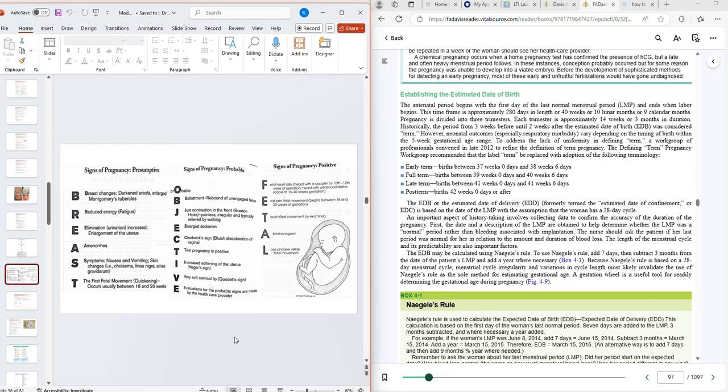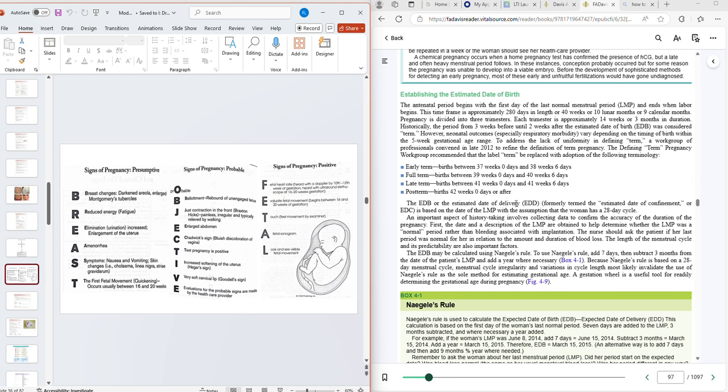Now let's talk about establishing the estimated date of birth. You have early term, which is between 37 and 38 and 6. Full term, 39 to 40 and 6. Late term, 41 to 41 and 6. And post term, which is after 42 weeks.